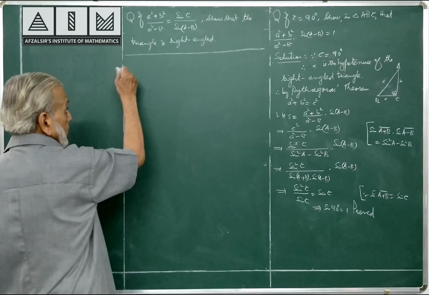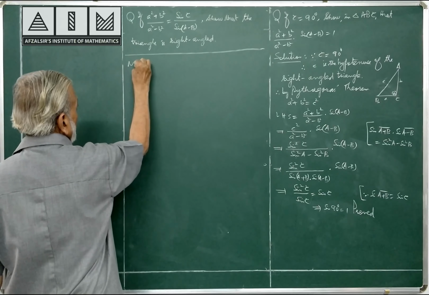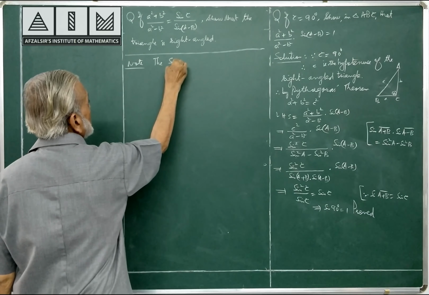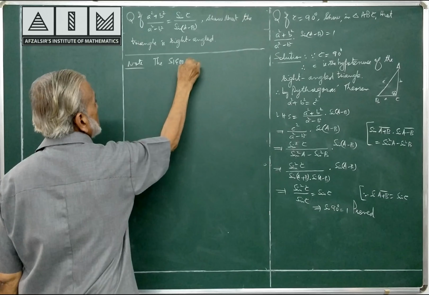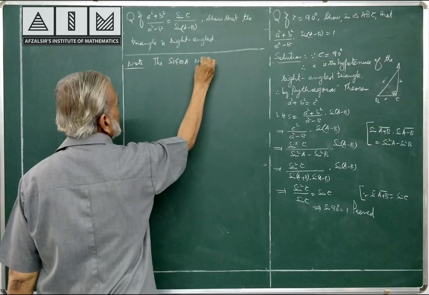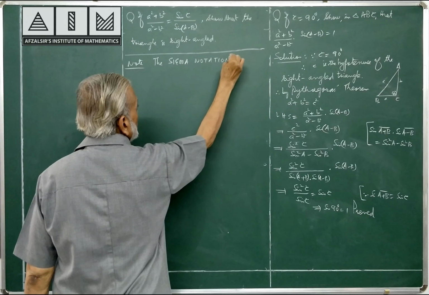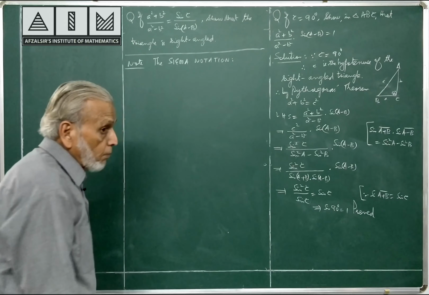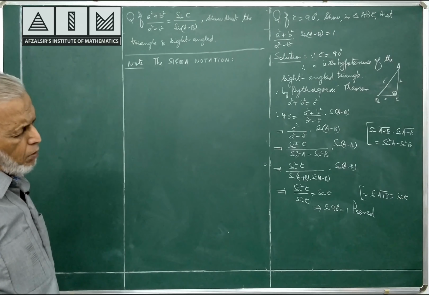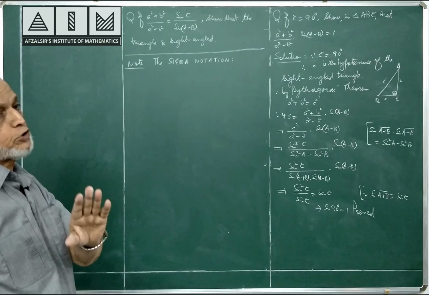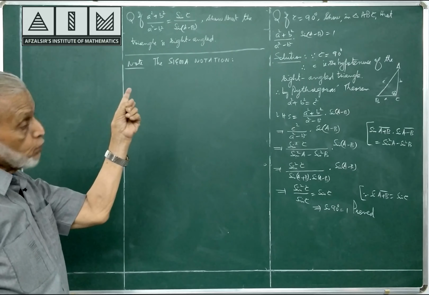I am explaining something more, please see here now. This sigma notation. Sigma will be frequently used, not only here, elsewhere also. So be very thorough and clear about the use of this notation.